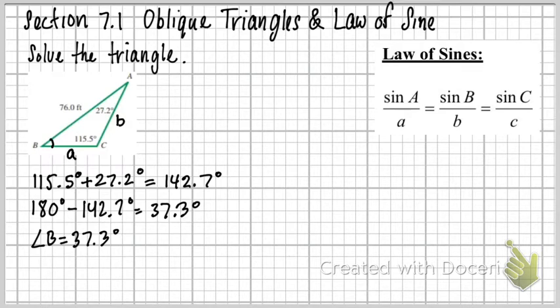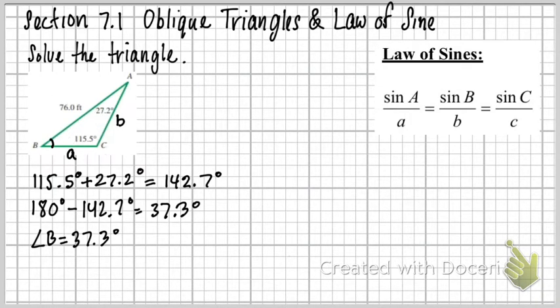So now we're going to get into finding the sides, and we're going to use the law of sines for this. Think about this: I have to have a side and an angle opposite the side that I know. So notice this, I have these two here, so I'm going to use those.